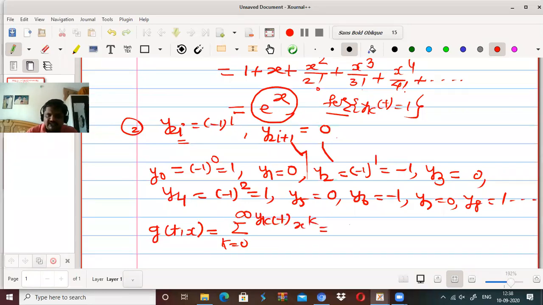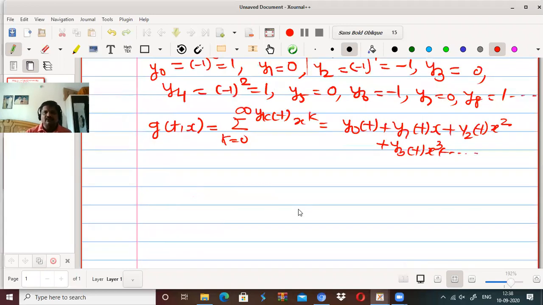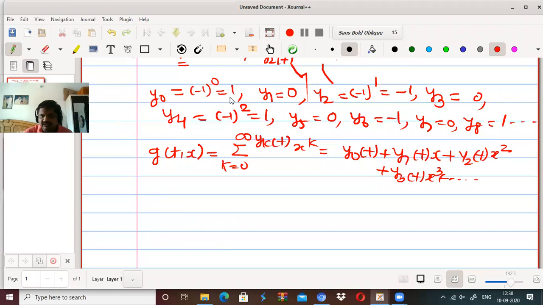Can I write this as y_0^t plus y_1^t x plus y_2^t x square plus y_3^t x cube and so on? Correct? It is of this type, right? Now what is y0? y0 is plus 1. What is y1? y1 is 0. What is y2? y2 is minus 1. y3 is 0. y4 is plus 1.